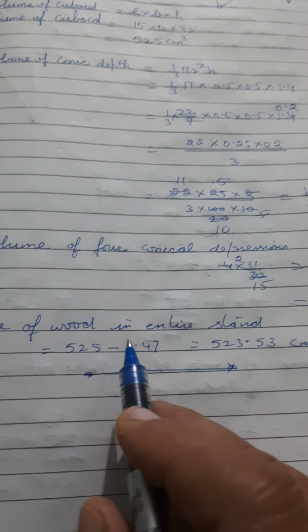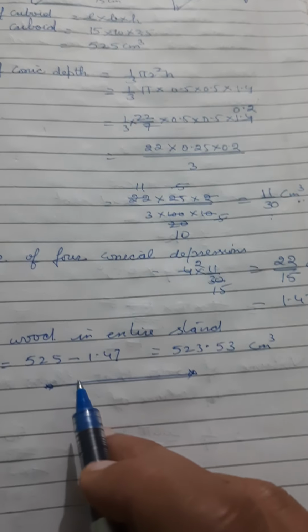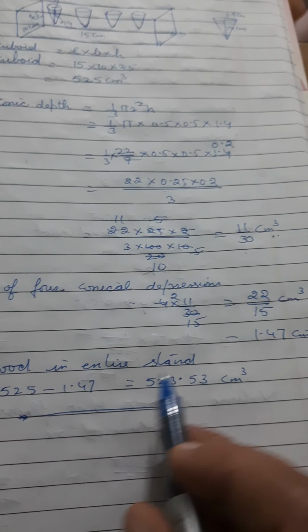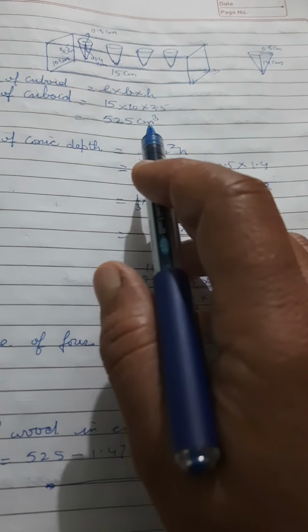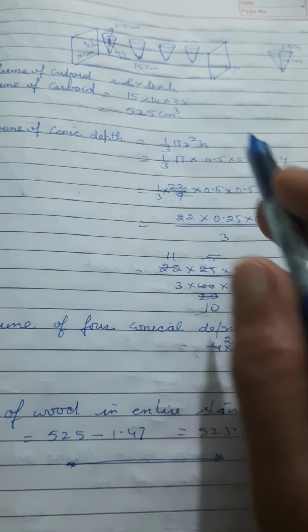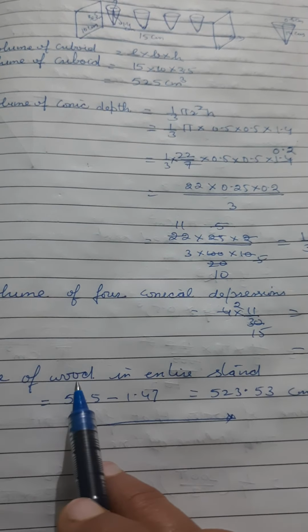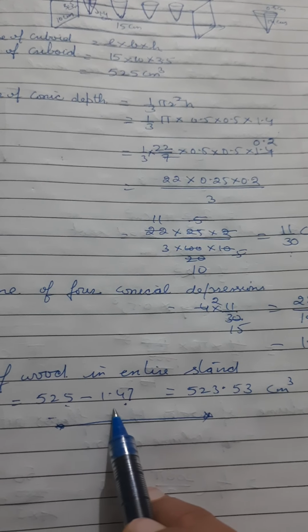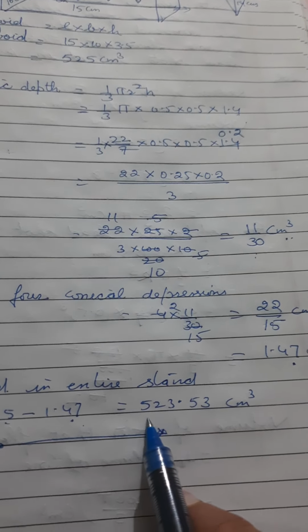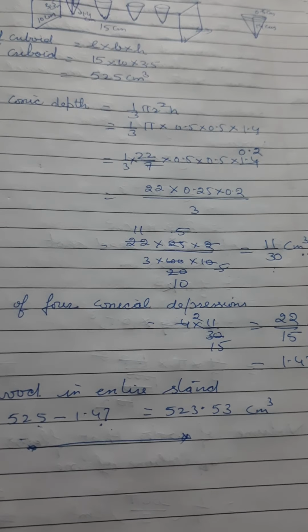Then volume of wood in the entire stand will be equal to 525 minus 1.47. 1.47 is the volume of 4 cones and 525 cubic centimeter is the volume of the cuboid. Volume of cuboid minus volume of 4 cones. 525 minus 1.47. It comes out to be 523.53 cubic centimeter.